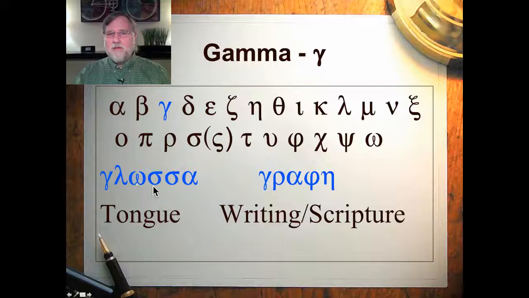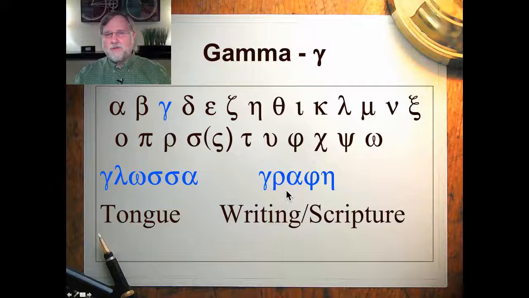Now, I know I'm giving you some letters you haven't seen yet, and that's one of the reasons I wanted you to watch the video twice. So go through, focus on the first letter here as you learn the alphabet, the gamma, but the second time through, once you've learned the entire alphabet, you can go back and hone in on these vocabulary words, and these 2 words will also be on the test. So glossa means tongue, like physical tongue in your mouth or speaking in tongues.